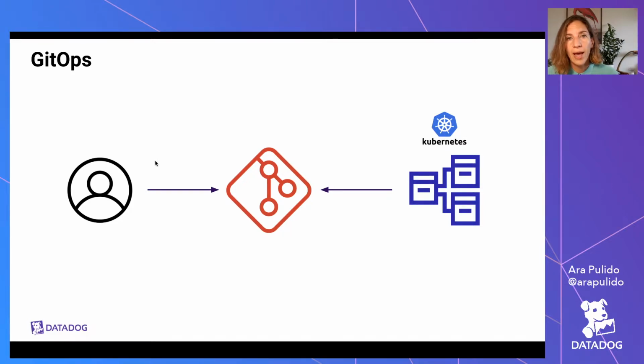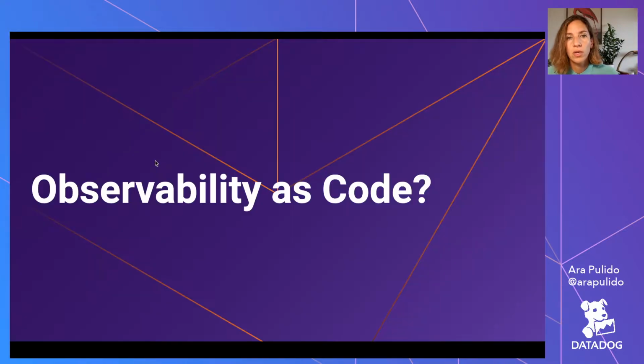So now that we have configuration as code and maybe also infra as code, what about observability? Can we have our monitors? Can we have our dashboards? Everything that we care about in our observability strategy, can we have it in Git as well?